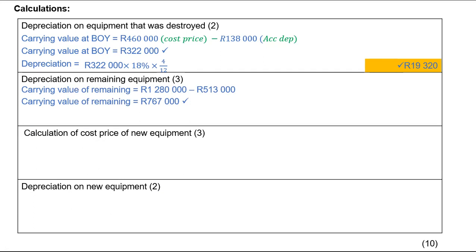But the thing is, we are not depreciating using the cost method. We're using the diminishing balance method. So I have to take the carrying value of the remaining multiplied by 18%. But how long did I use the remaining equipment? I use it for 12 months. So depreciation for 12 months on that remaining equipment will be 138,016. Done.